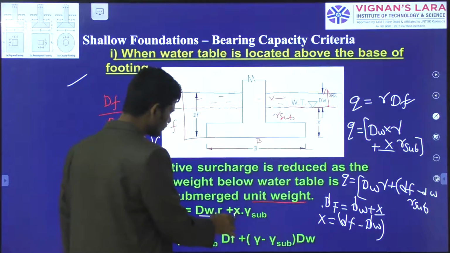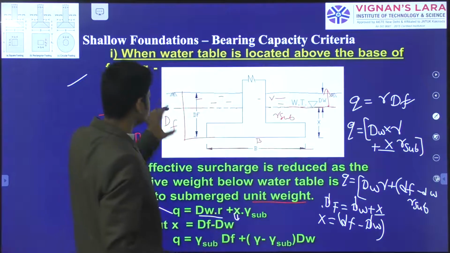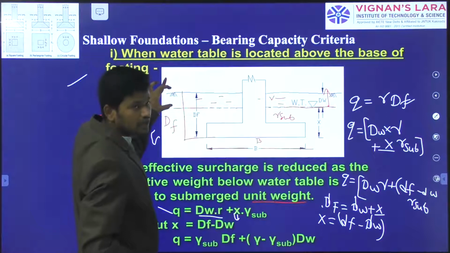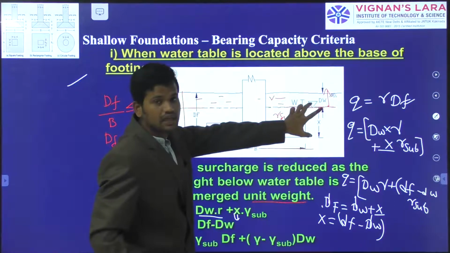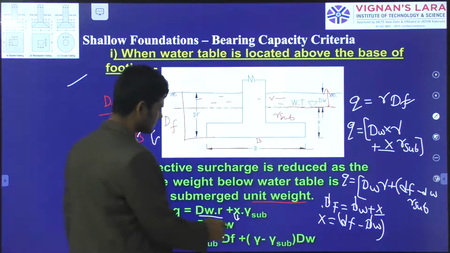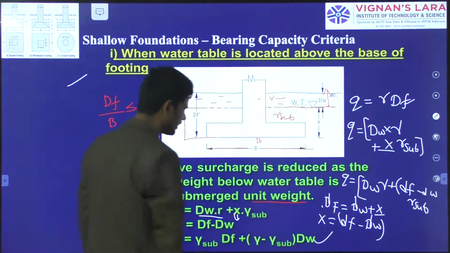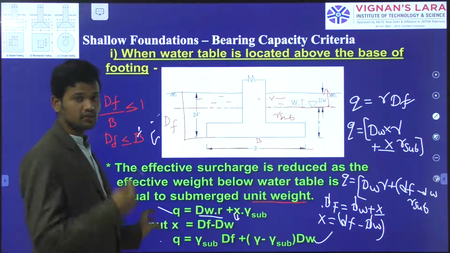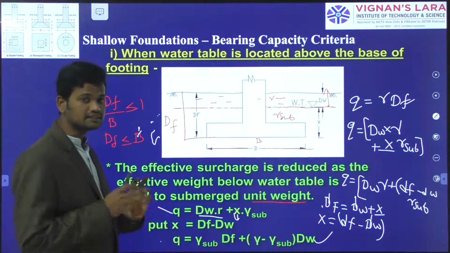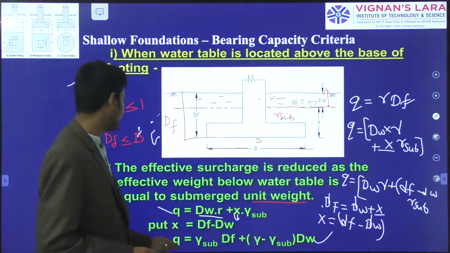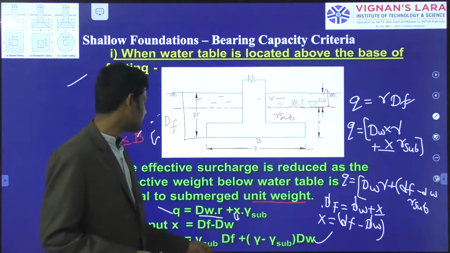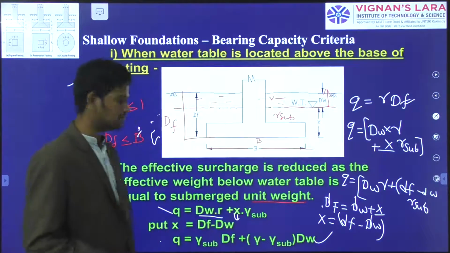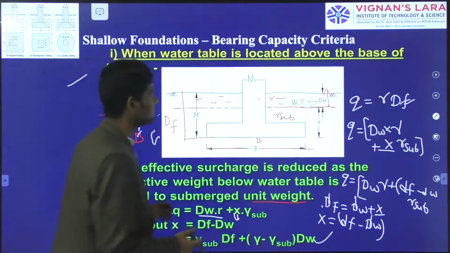In this x, if you substitute df minus dw, the depth of the foundation minus dw, you get the x value. He kept that in the formula and substituted the surcharge pressure. Only because of the presence of the water table, the surcharge pressure varies. Finally we get gamma submerged into df plus gamma minus gamma submerged into dw. This is the varying surcharge pressure.